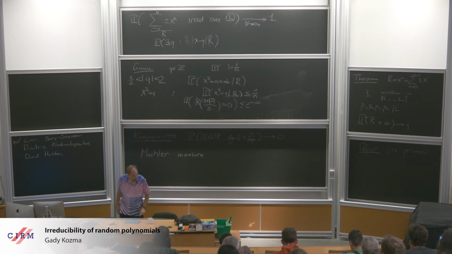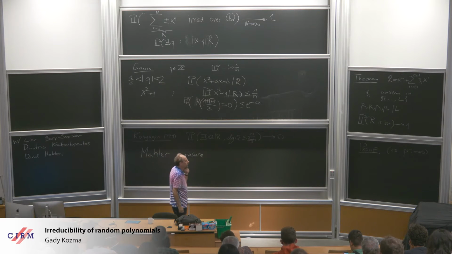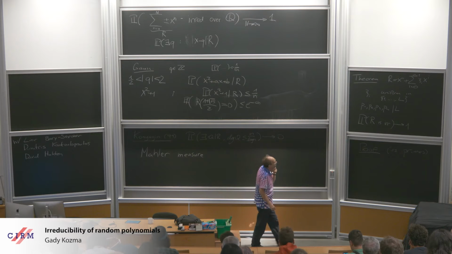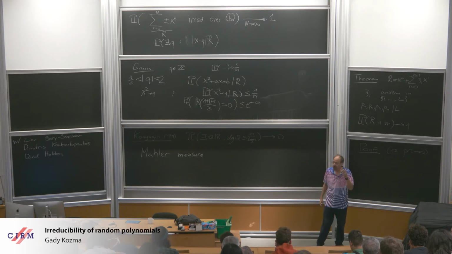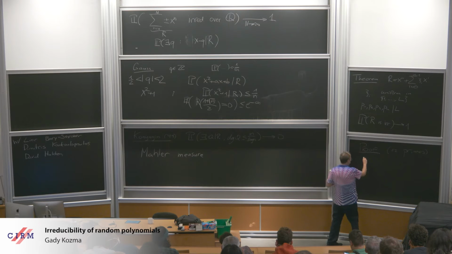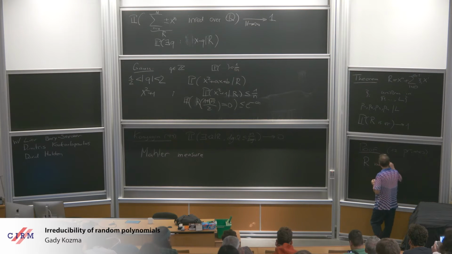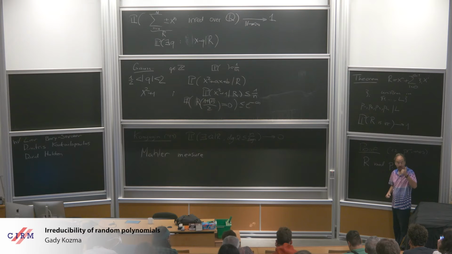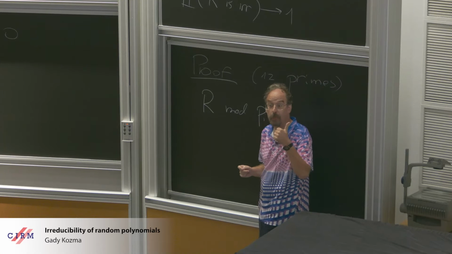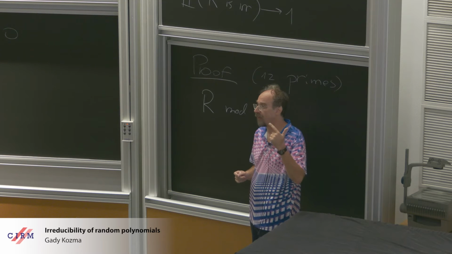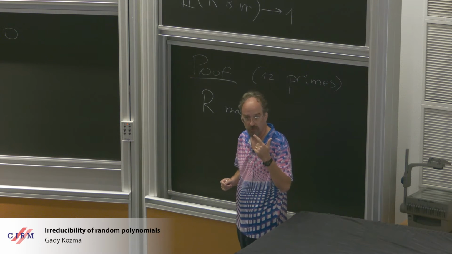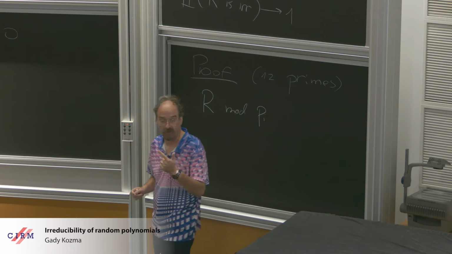Okay, so what does it mean that you take coefficients which are uniform between 1 and L, which is divisible by so and so many primes? It means that if you take R modulo each of these primes, you get 12 polynomials, and A, they are independent, and B, they are uniformly distributed in the finite field.